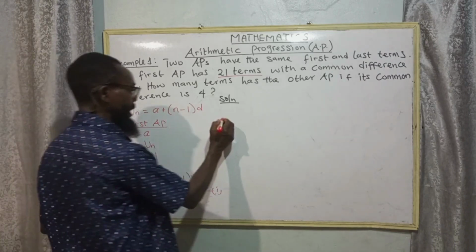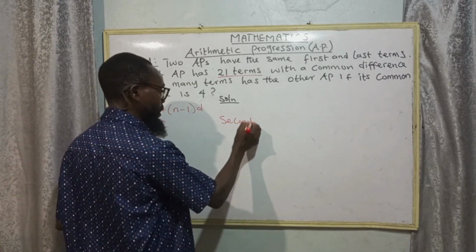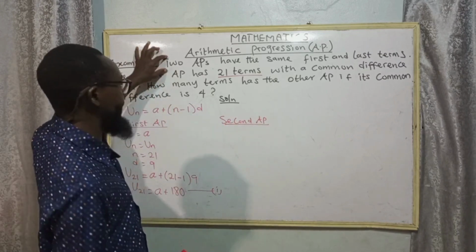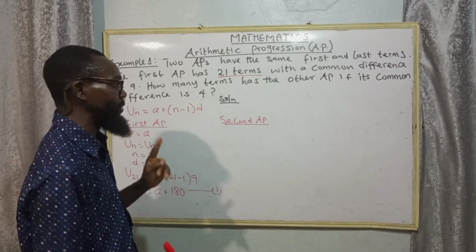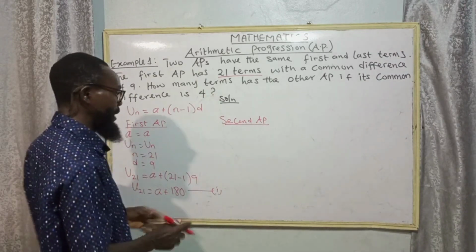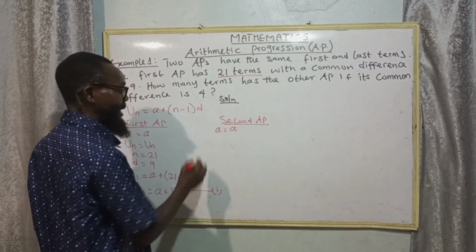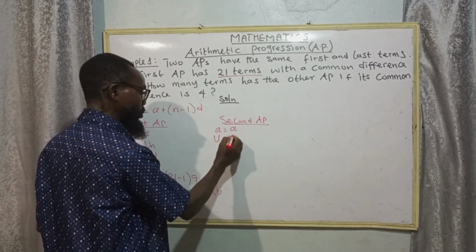Now, the second AP. From the first sentence, two APs have the same first term and last term, meaning that the first term here is A, and the last term is un.